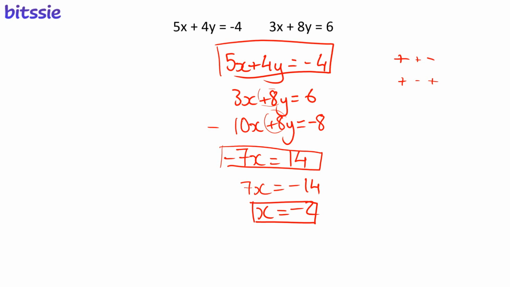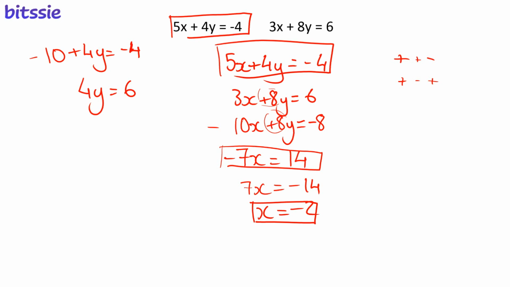And then we can substitute that into this equation to work out y. 5 lots of negative 2 is equal to negative 10, plus 4y is equal to negative 4. Add 10 to both sides of the equation, giving us 4y is equal to 6.